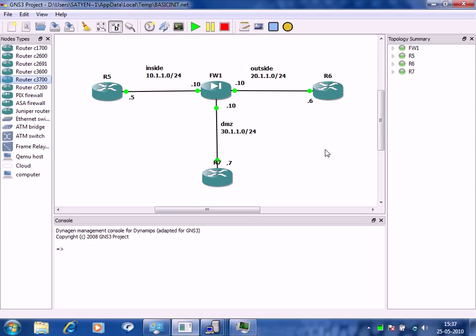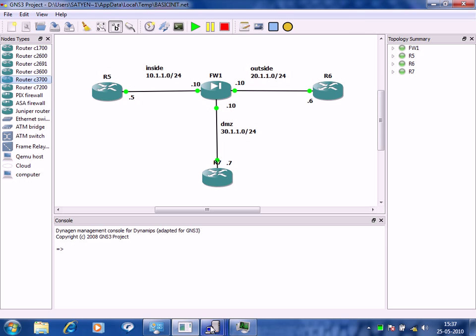In other words, if R5 is initiating traffic passing through the ASA, it should be able to send the traffic to the outside or any interface which has a lower security level than R5's interface.